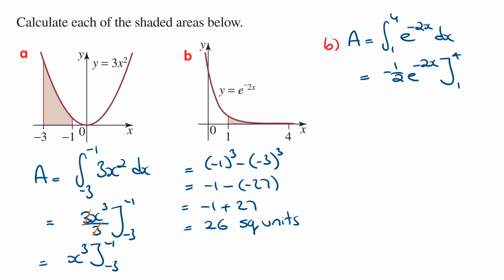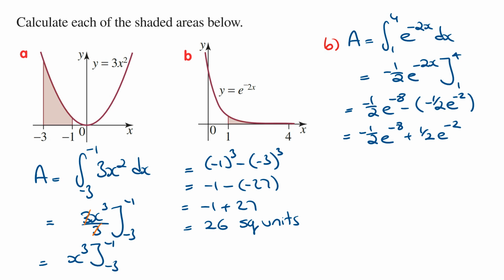And so evaluating this, this is going to be -1/2 times e to the -2 times 4, which is going to be -8, and then minus -1/2 e to the -2 times 1, which is just going to be -2. And so cleaning this up, this is going to be -1/2 e to the -8 plus 1/2 e to the -2.